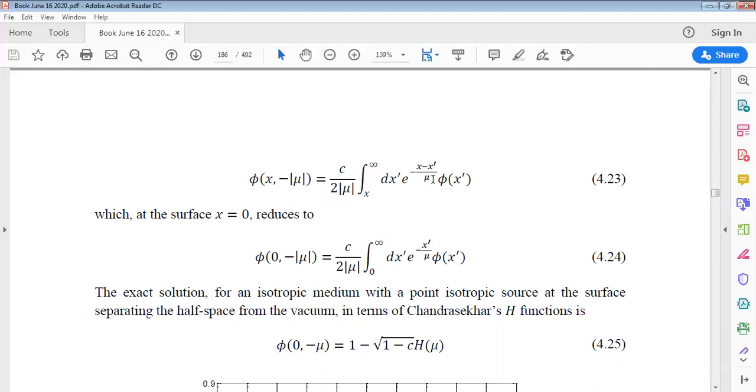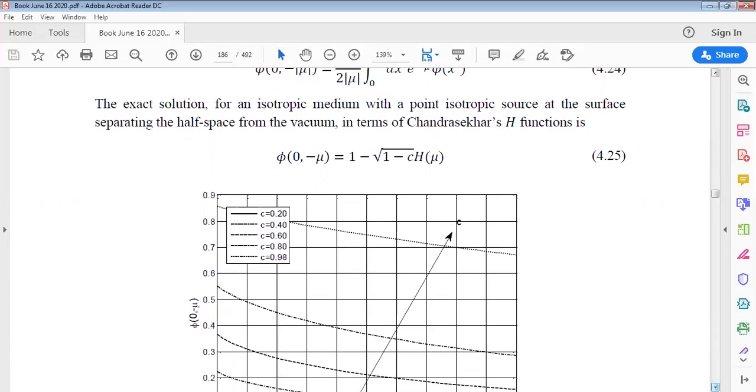You can do it by successive approximations. So at the surface, x equal to 0, if you put x equal to 0 over here, you get the backscattered contribution to the surface, with e to the minus x prime over mu, because x goes to 0, times phi of x prime over here.